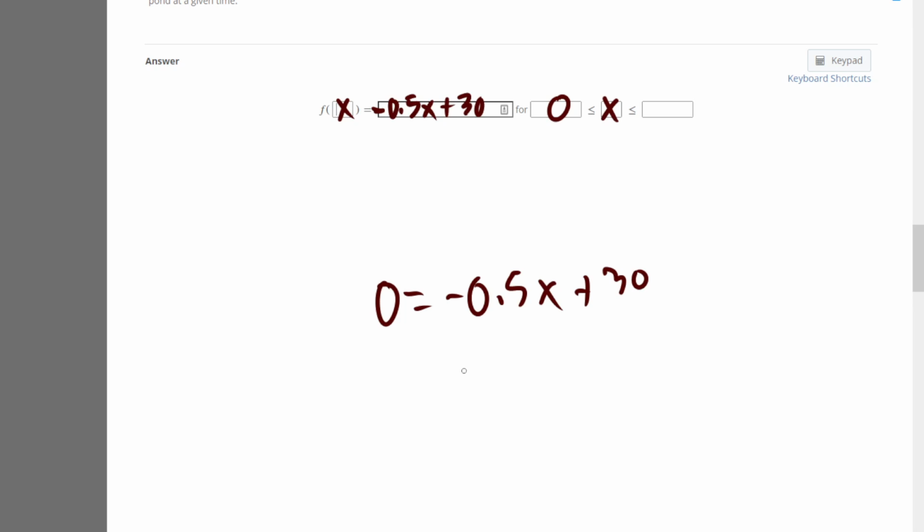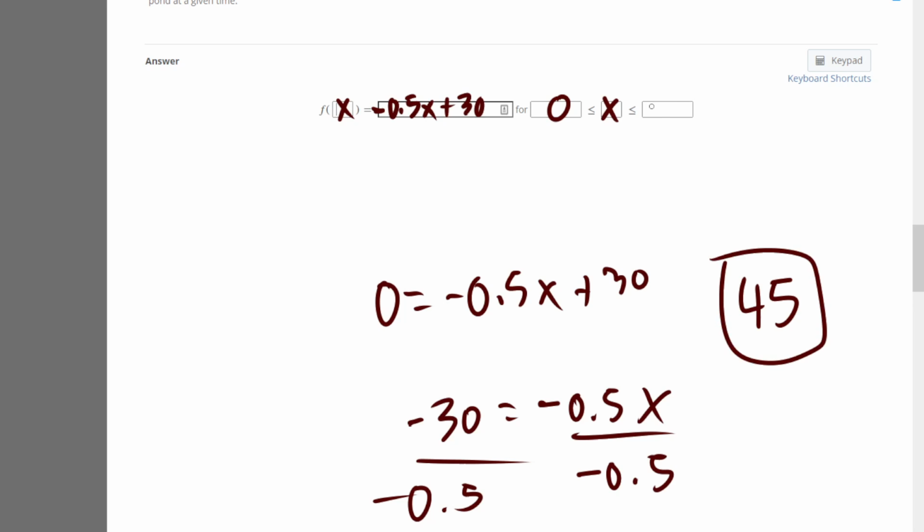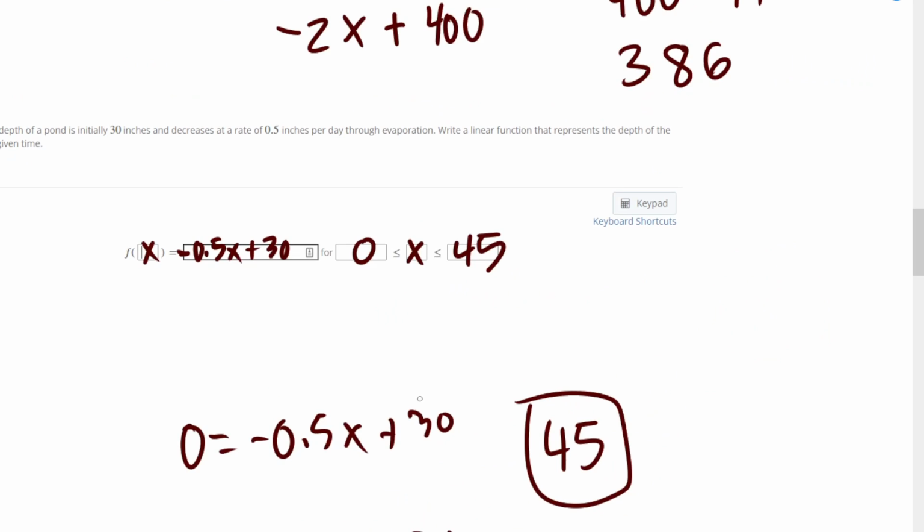Then we can minus 30 from both sides. Negative 30 equals negative 0.5x. Divide both sides by negative 0.5, which should give you 45, I believe. So x has to be less than or equal to 45 because we can't have negative water in our pond.